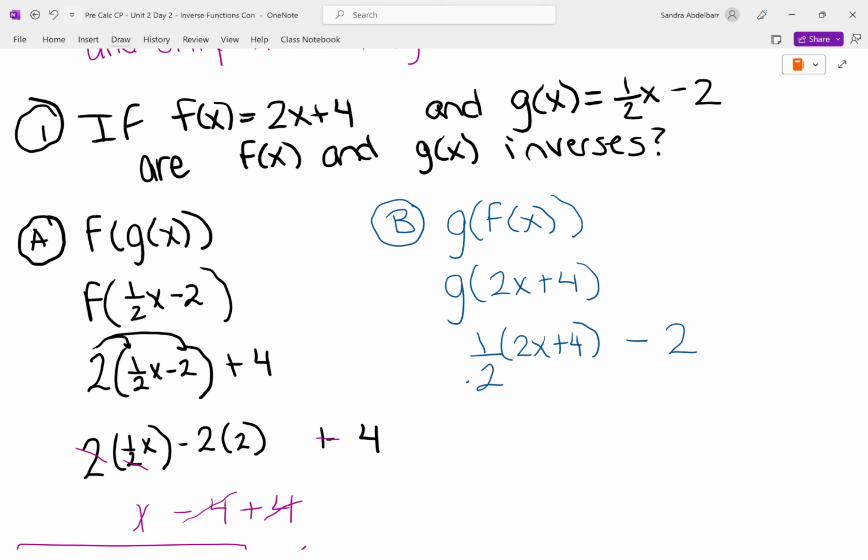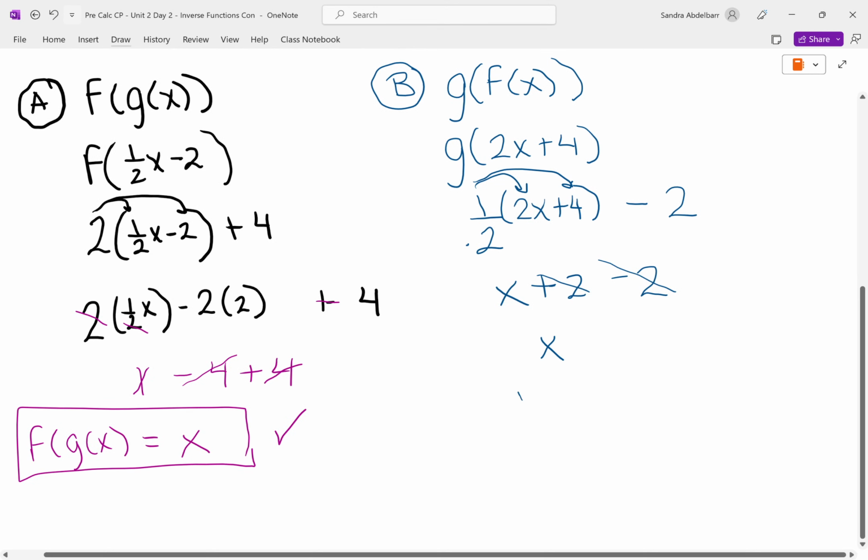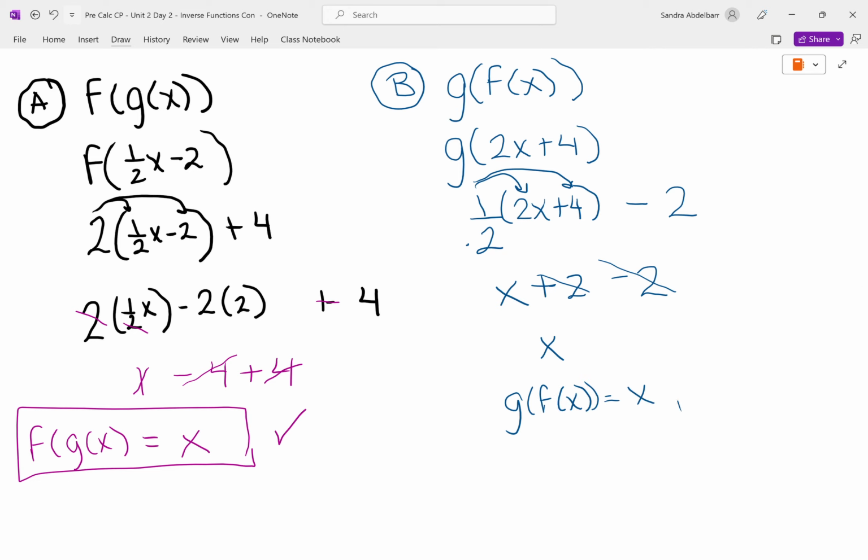I have to distribute that half. What's half of 2x? X. What's half of 4? 2. So I have x plus 2, but then I still have that minus 2. Again, positive 2, negative 2 cancels out. So what have we shown? G of f of x equals x. Are these two inverses? Yeah, the 3 little dots in like a triangle mean therefore inverses. We proved it.